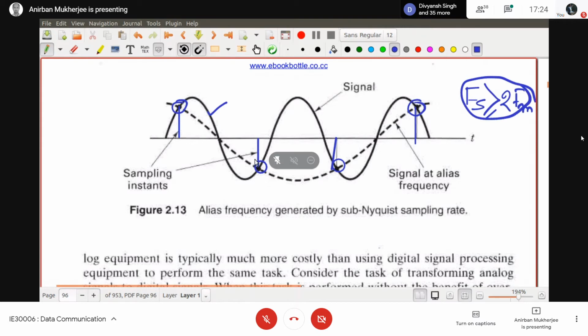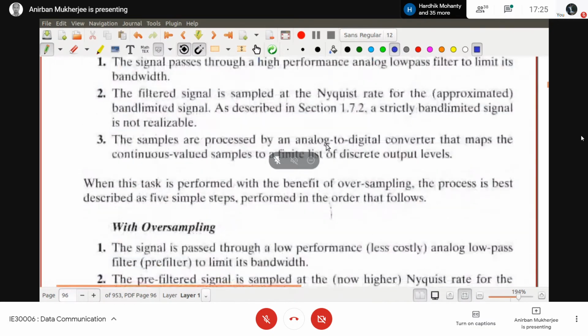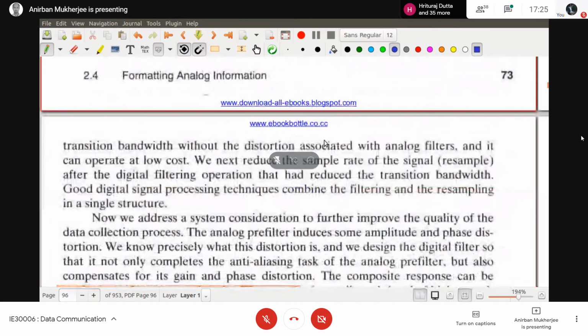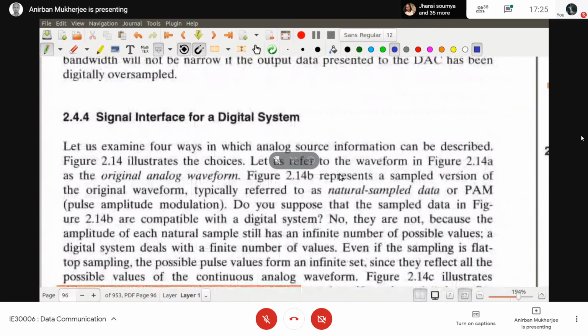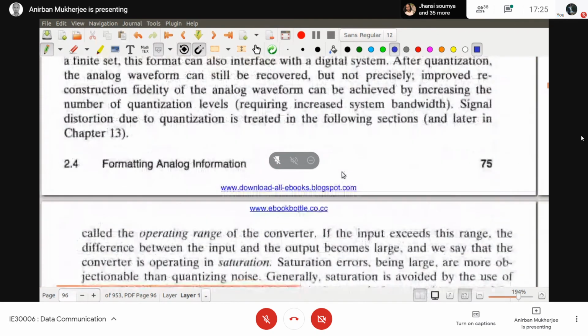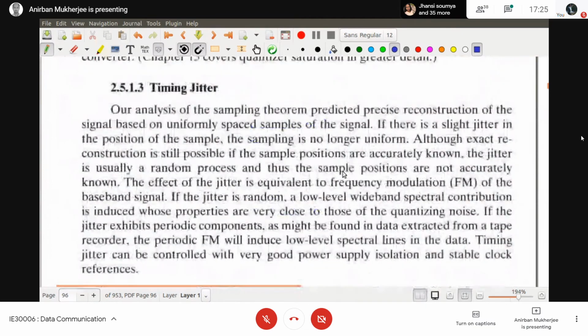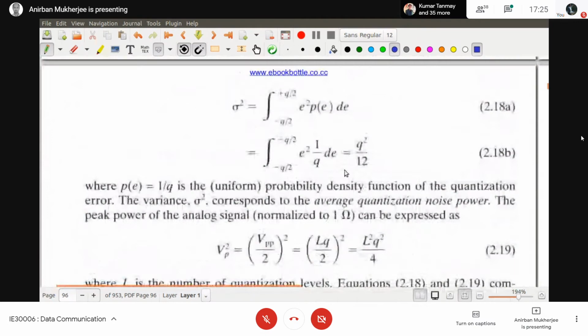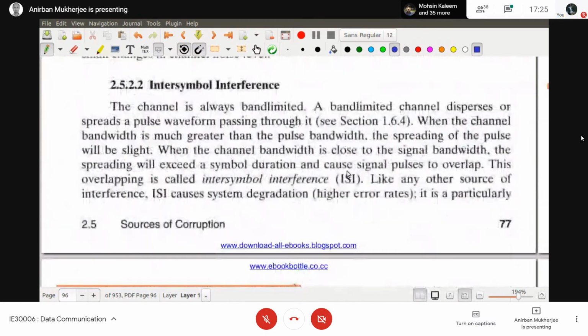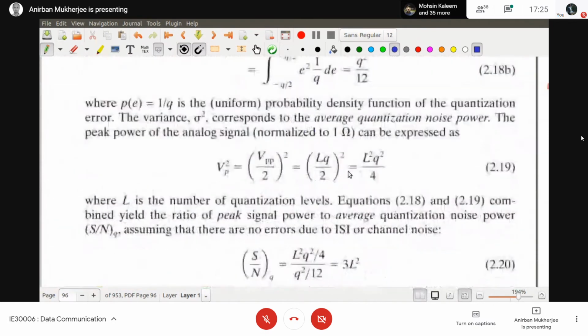Otherwise, you will see that low-frequency terms come into the picture. Anyway, please study these things regarding sampling. Most probably you have already studied it, but it is always better to study it again. Okay. Now.